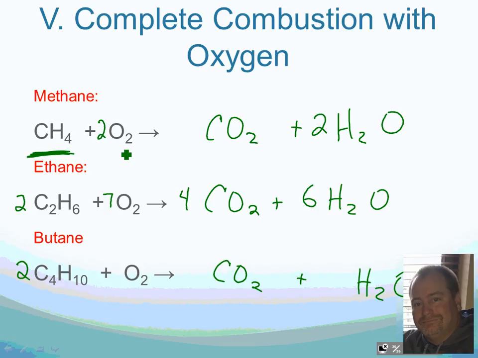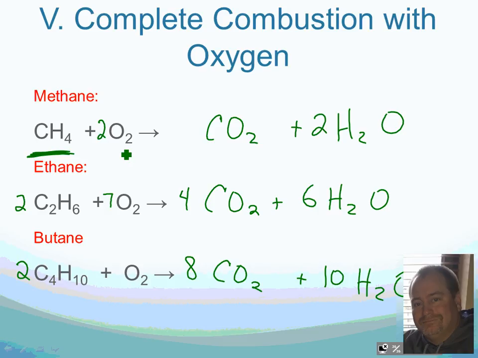So that gives me how many carbons? 8. How many hydrogens? 20. That's a big number. Can I put a 10 there? Why can't you? It's a big number, sure, but I can have a 10 there.